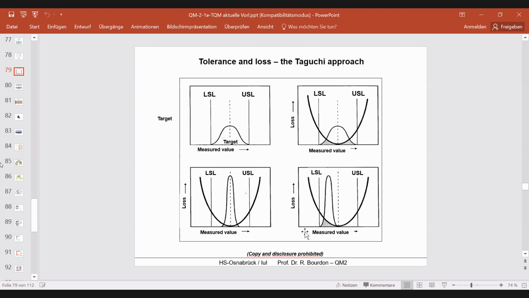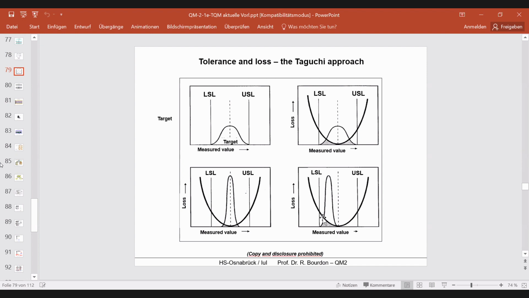But this is only possible if the process is centered, if the process is exactly on target, if the mean value here is on target. If the process is not centered, like you see here, then the area below the two curves is getting bigger. So there is more loss.